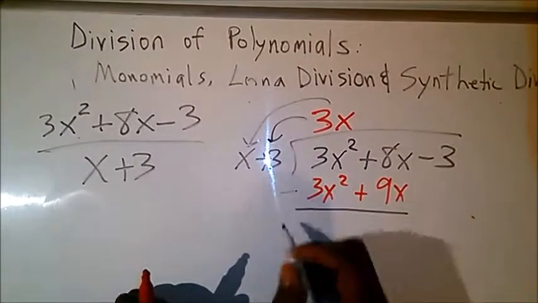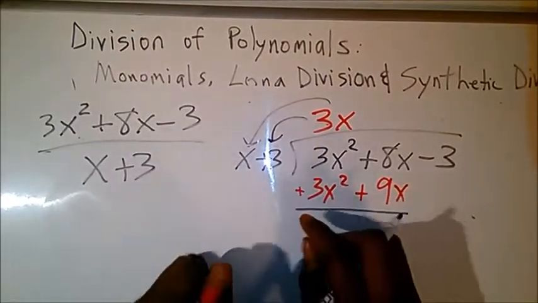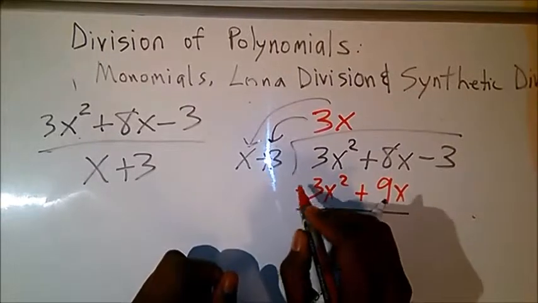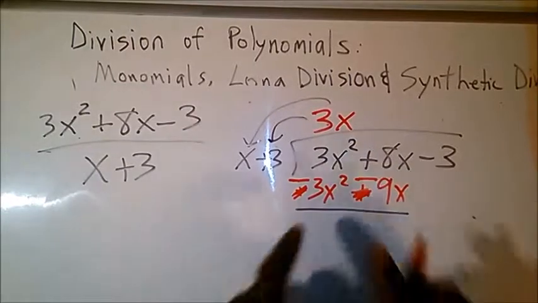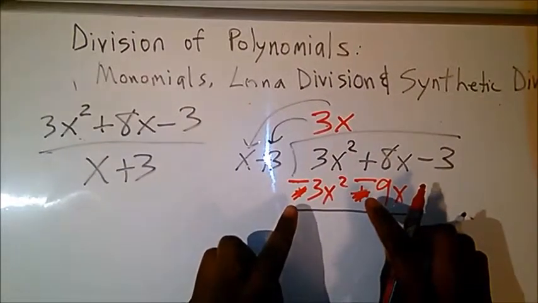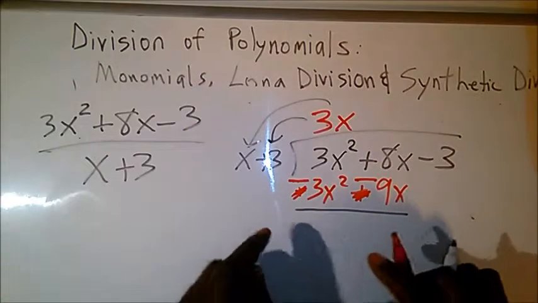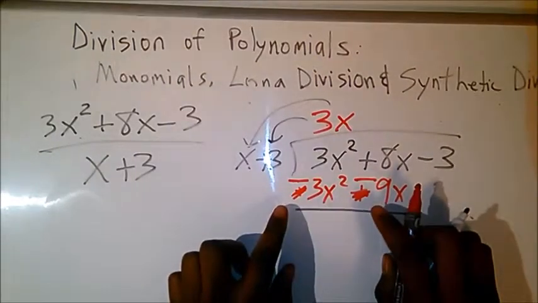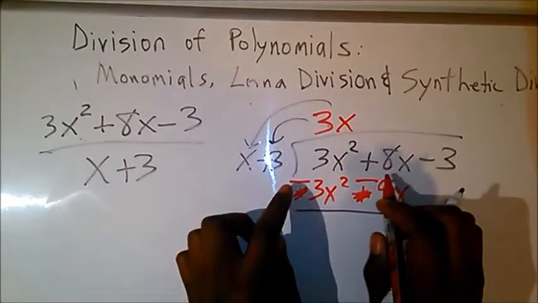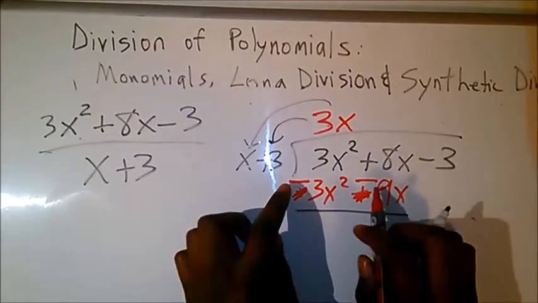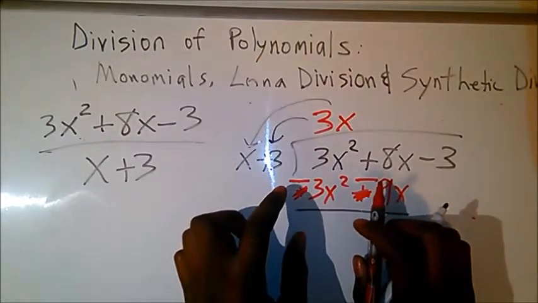This was positive, so the signs are going to change from positive to negative. I like to cross them out because usually I forget to change the signs. When I put what was there and then change the signs later, I avoid confusion and mistakes.